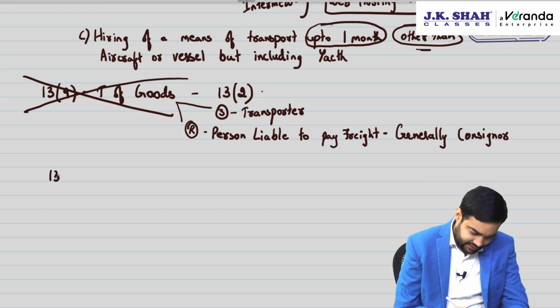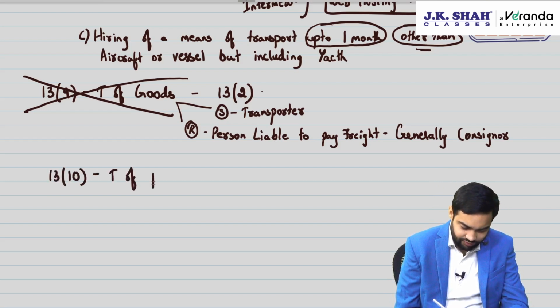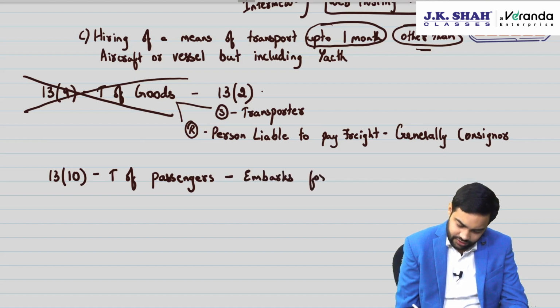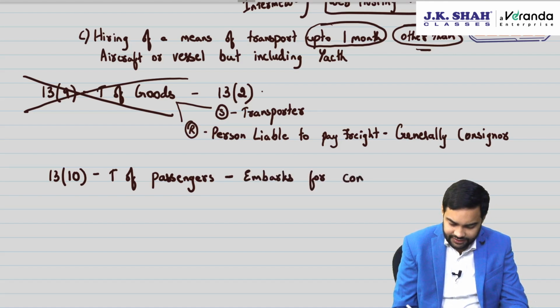Then comes 13.10. 13.10 is transportation of passengers. Now, transportation of passengers, the law very clearly says that, suppose there is a passenger transport service, then the place of supply will be where the person embarks for a continuous journey.